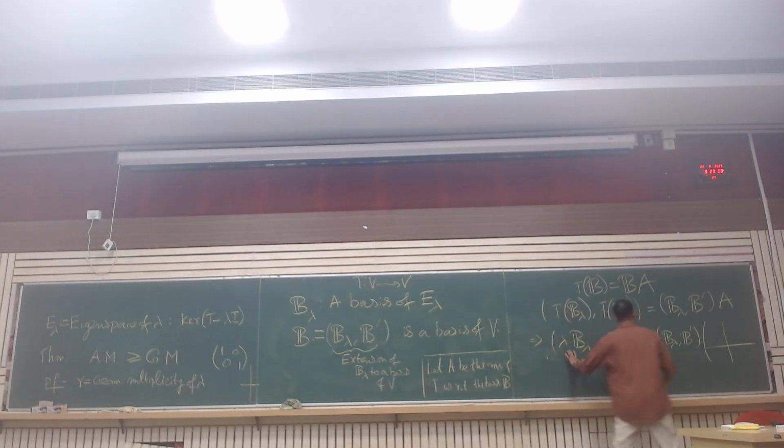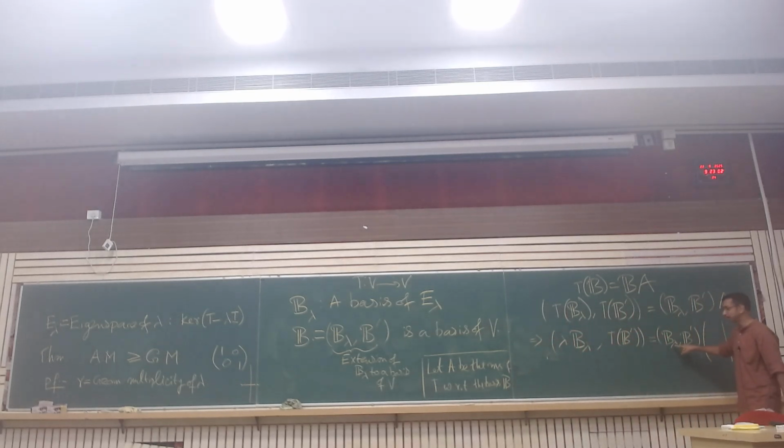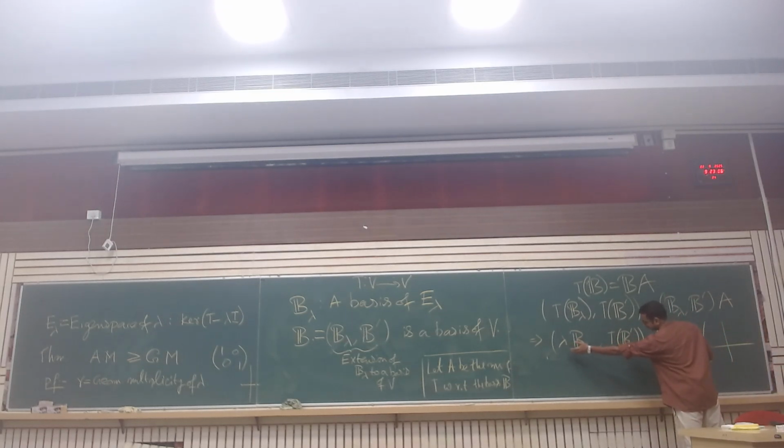Note that this is lambda B lambda and this is B lambda. Okay, so every vector in this part is just a multiple of the things in here. Okay, so you will have here lambda, lambda, dot dot dot, lambda, an R cross R matrix, right?